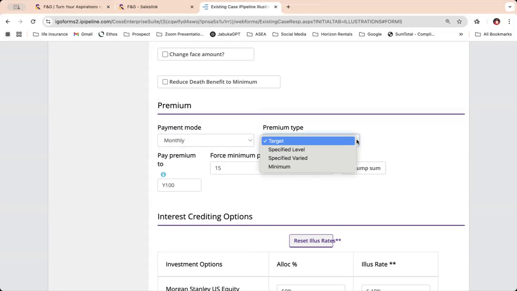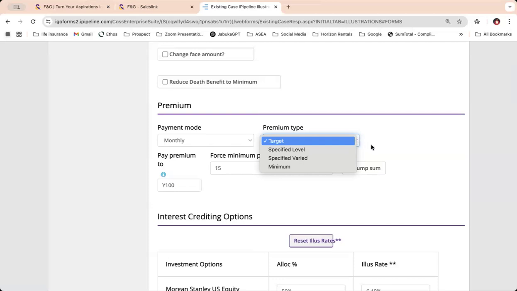All right, what about the premium? The target is going to be target one. Okay. So it's going to be target one, but what about the others? What's the reason why we have all those? We have those other types just in case we want to do something specific for the client.